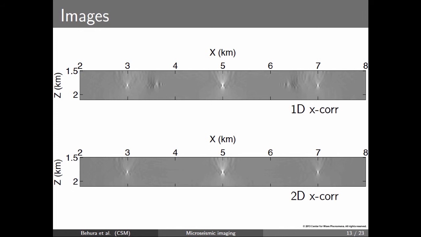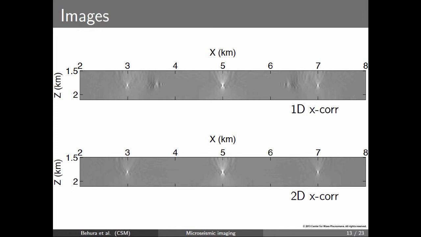Here I am showing just the two cross-correlation imaging conditions. On the top is the 1D cross-correlation imaging condition, and on the bottom is the 2D. And here I am again showing only the snapshot in time of the two images.